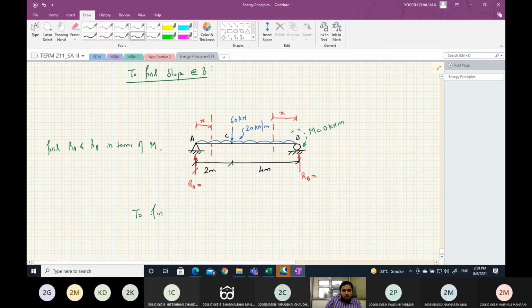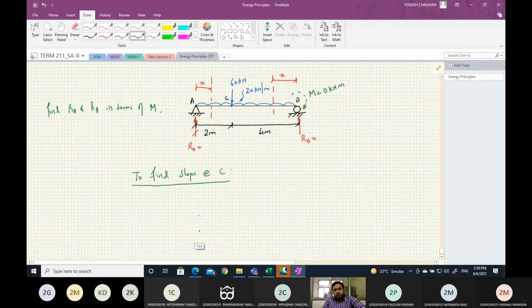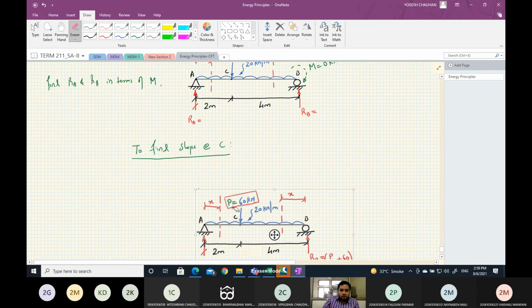Then to find slope at C, you have to apply a fictitious moment at C. So here you have to apply a moment M here. M equal to 0. Since there is no moment acting at that point, we are applying 0 kilonewton moment, which is a fictitious moment.